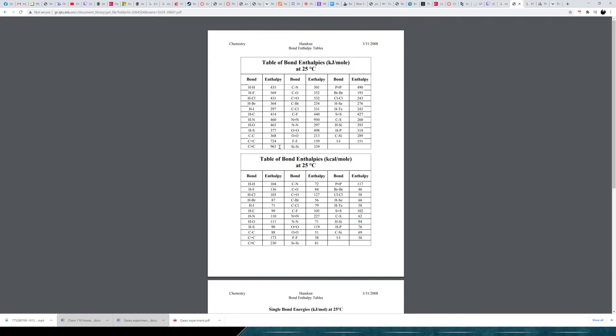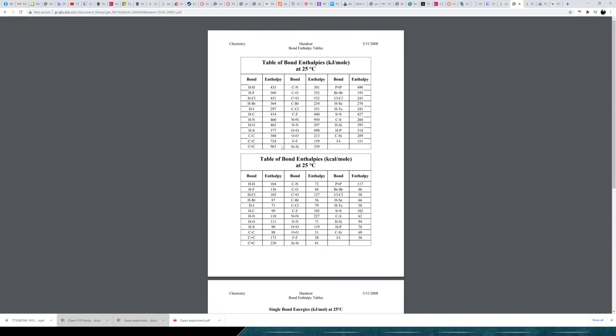It will take a lot more energy to break a triple bond than it will to break a single bond. It's roughly 3 times as much, a little bit less, but there's an almost additive relationship here. If we have a second bond, it's almost the same as 2 CC bonds. And if we have a third one, it's almost the same as 3 CC bonds.